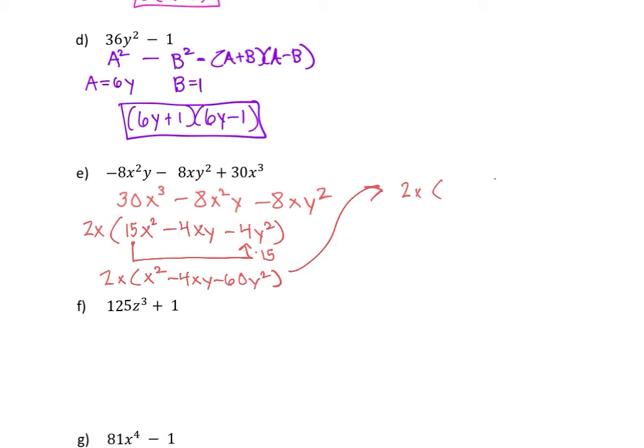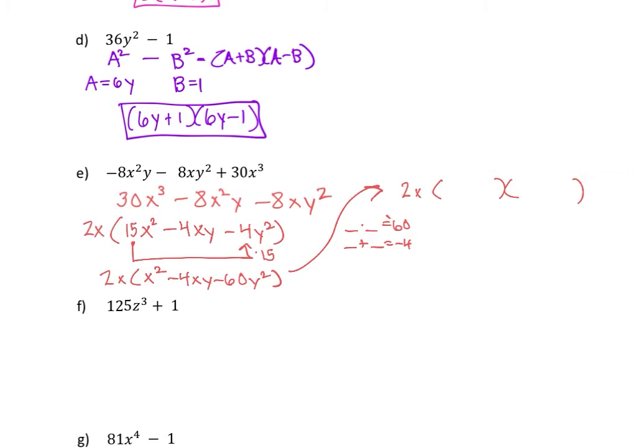I'm going to try and find my factors of 60. What two things multiply to get 60 and add to get negative 4? Sorry, that should be a negative 60. Factors of 60 are going to have opposite signs, which means we'll subtract them to find that 4.